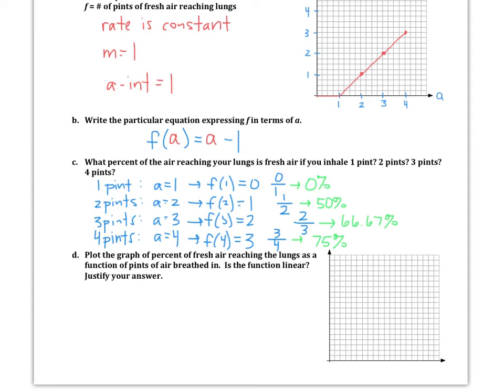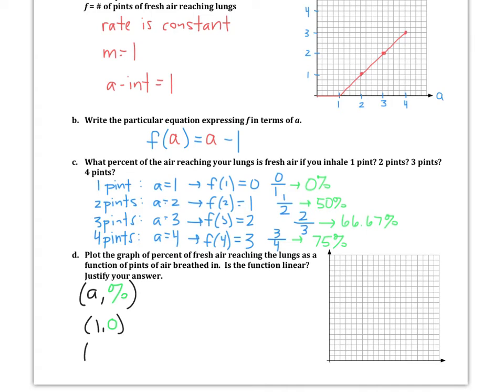Now we're going to plot the graph of percent of fresh air reaching the lungs as a function of pints of air breathed in. Our ordered pairs are going to be A, comma, the percent that we found in part C. When 1 pint is breathed in, it's 0%.